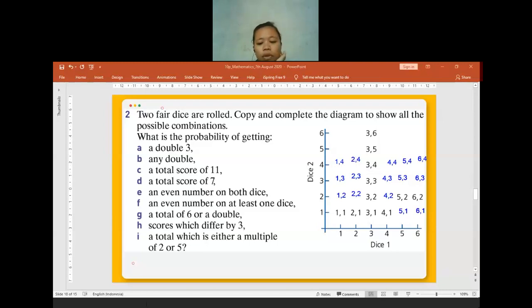Okay, I'll give you time. 11. Are you sure it is 11? Yes, a double, have the 6, right? So 6, 11.